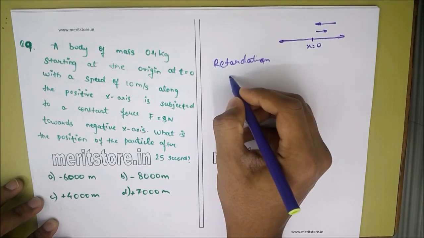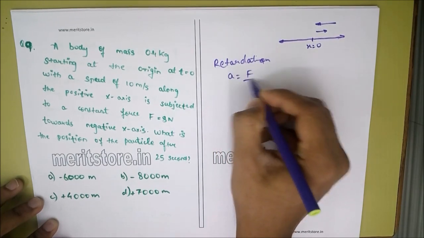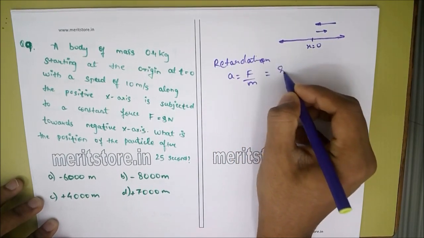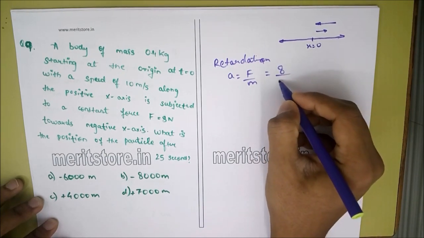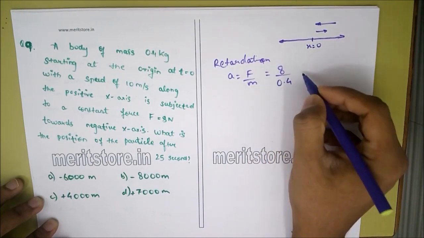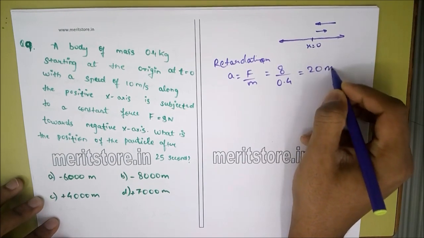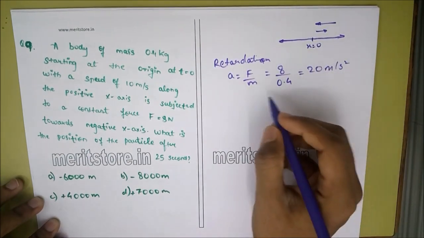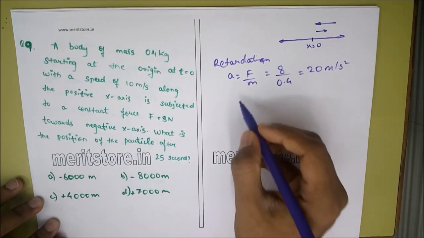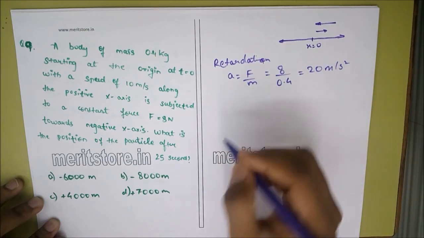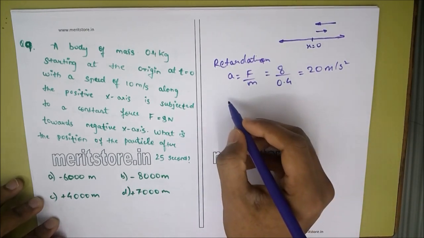And retardation a is given by F by m, which is 8 newtons force over a mass of 0.4 kgs, that is 20 meters per second square. This 20 meters per second square is nothing but retardation. So it will be negative later on.